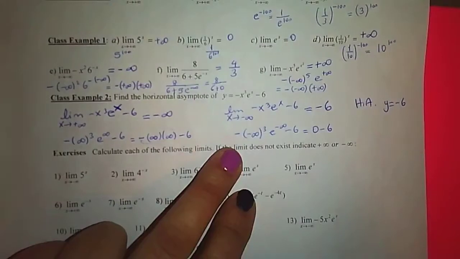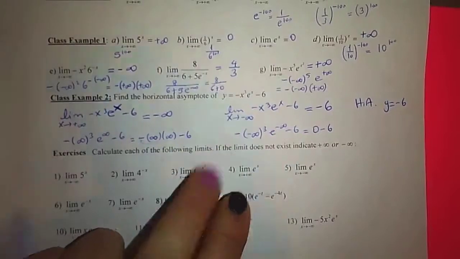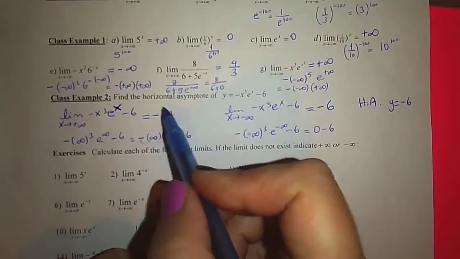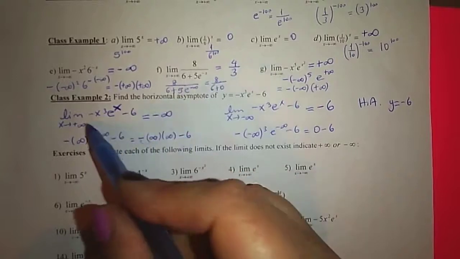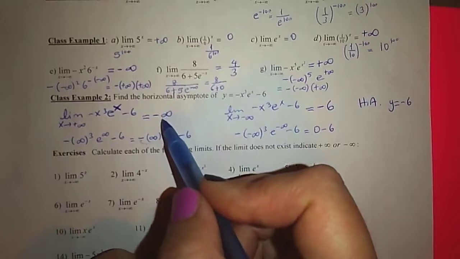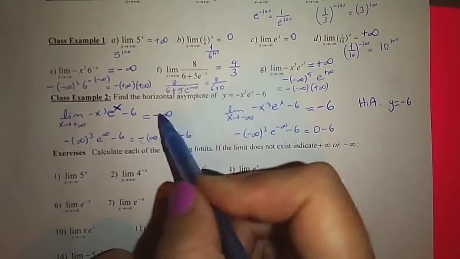When we are dealing with more complex exponential functions, sometimes the function is going to approach that horizontal asymptote only at one end, and sometimes both ends of the graph will approach it. In this case, when the limit as x approaches positive infinity is negative infinity, it's not approaching the horizontal asymptote.